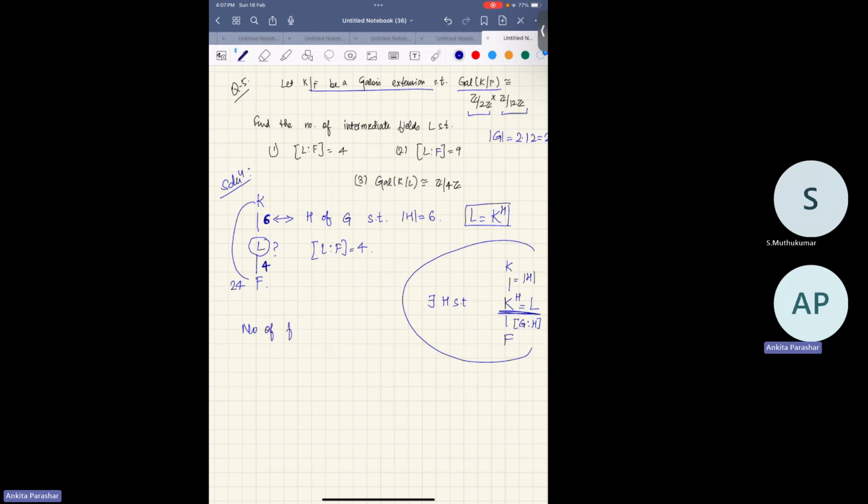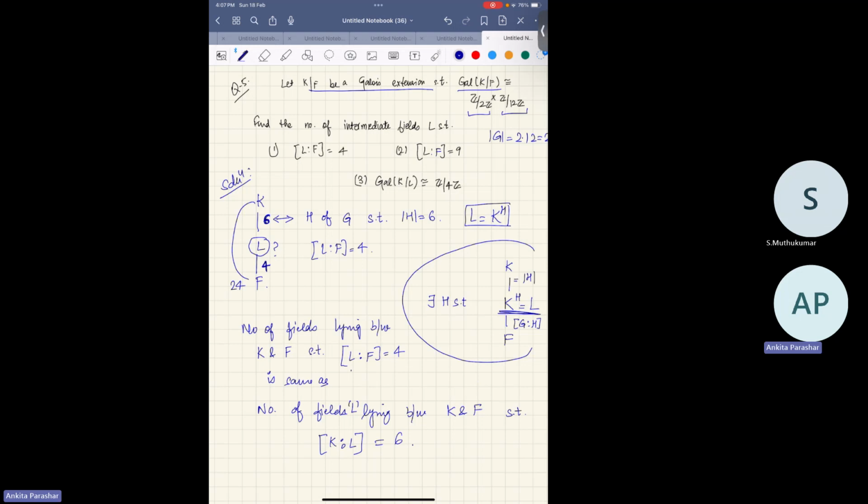The number of fields lying between K and F such that L over F is 4 is the same as the number of fields lying between K and F such that K over L is 6.